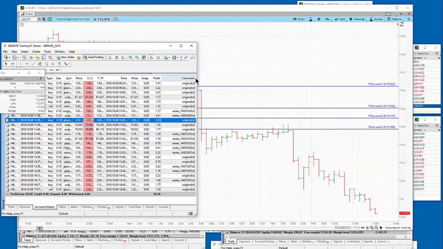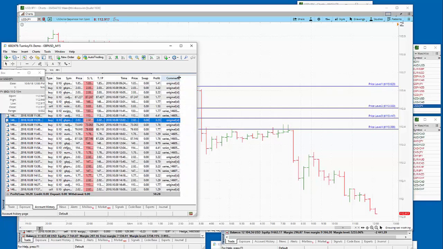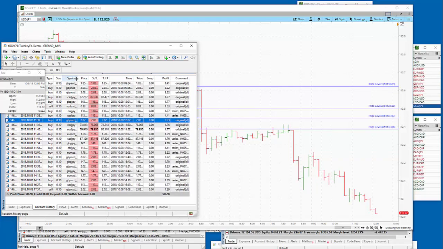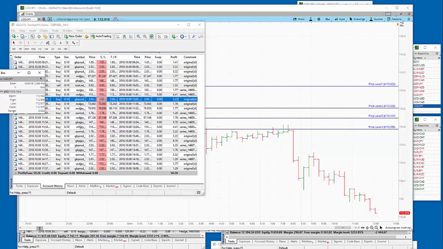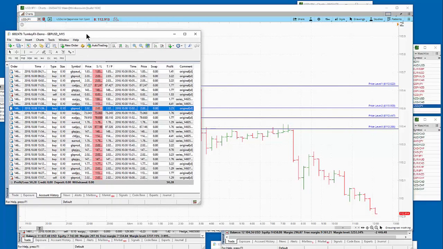What I'm doing here is adjusting these columns so that we can see what kind of trades went in. Then I'm going to add a little bit to this so we can see what pairs. In fact, I'll move this box out of the way. That would probably be the better way to show you this.